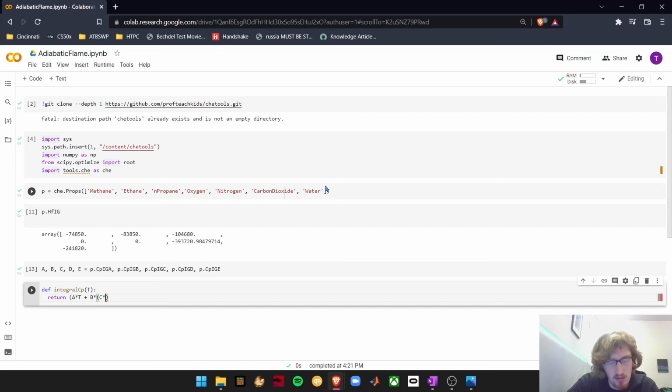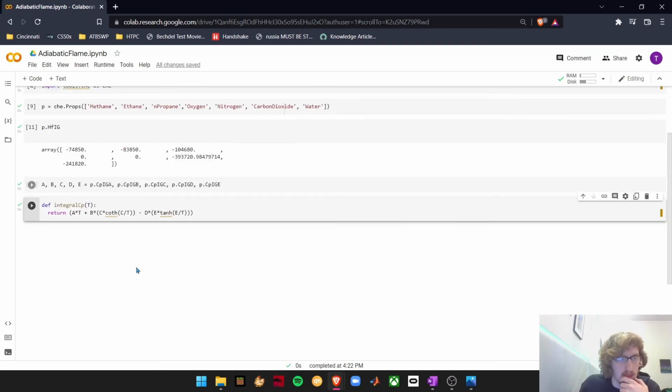But C times our coth, our hyperbolic cotangent of C divided by T. And then minus our D times our E tanh of our E divided by T. And then make sure the parentheses are good.